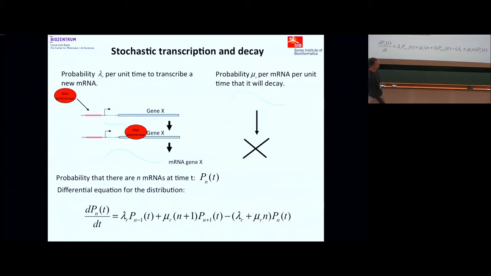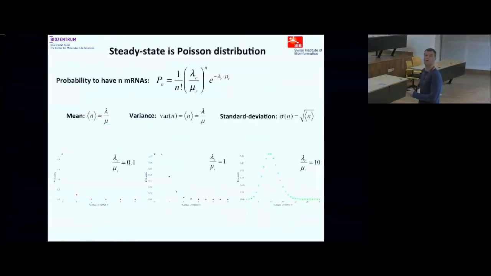This is transcription. Or you had n plus 1 mRNAs, and with this probability, one of them decayed, and now you have n. And then you lose the probability to stay in state n by the probability that you currently have n, and one of them decays, which happens with this probability, or you make another one, which happens with this probability. All right?